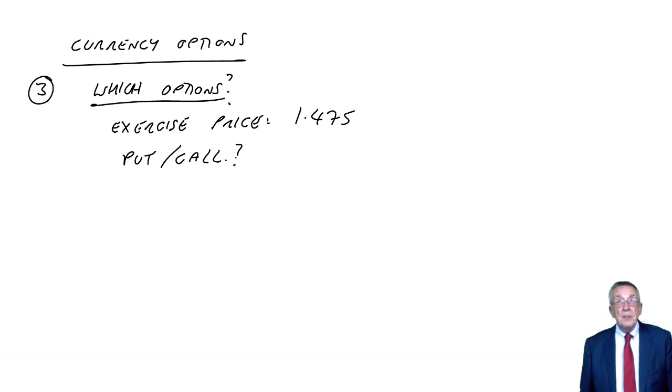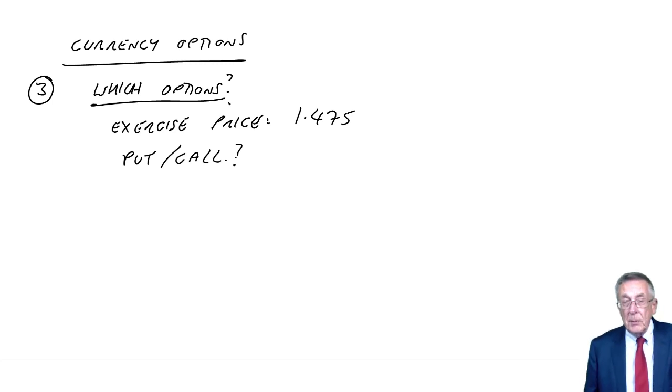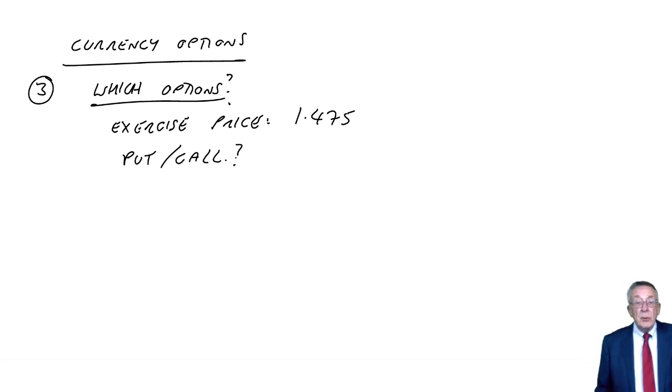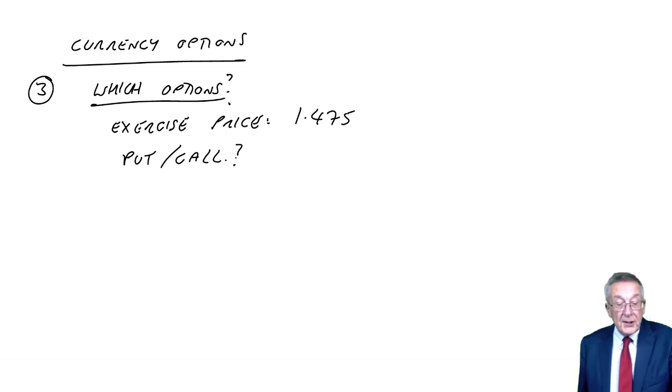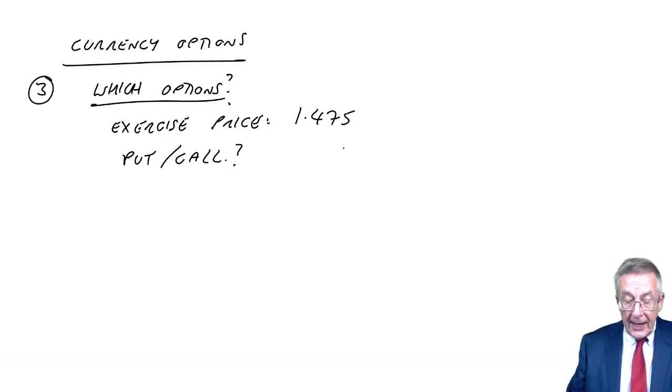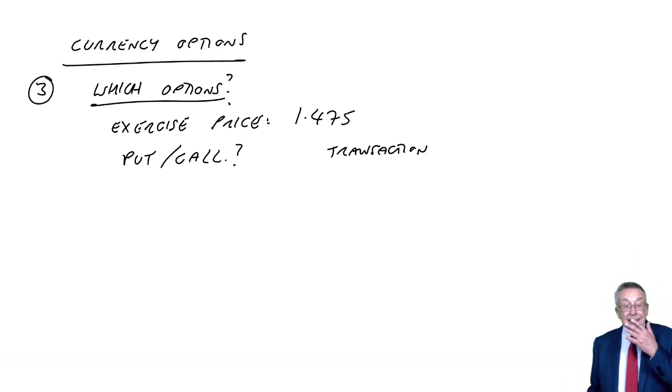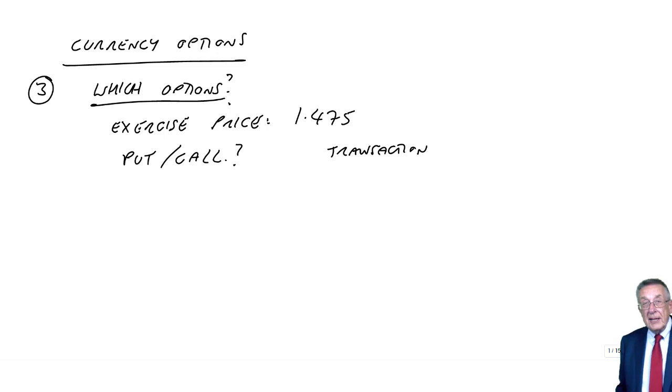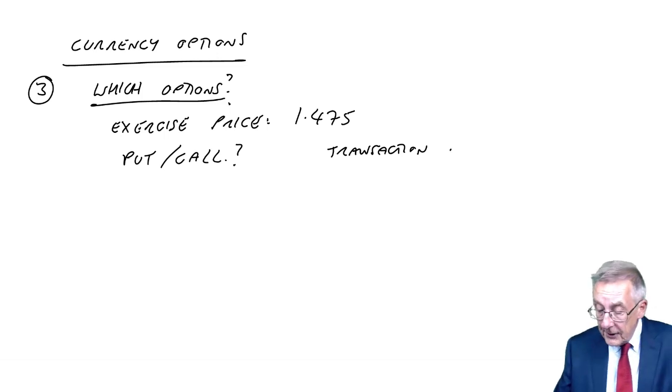So if we want the option to buy pounds, it'll be a call option. If we want the option to sell pounds, it'll be a put option. Well, what happens here? The transaction, we owe a supplier $1 million, so we'll need to buy dollars.